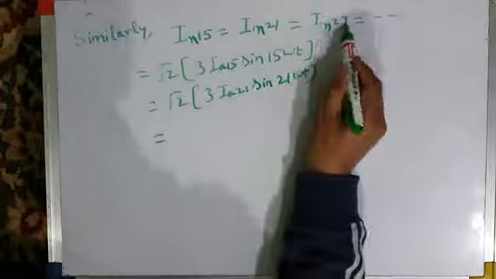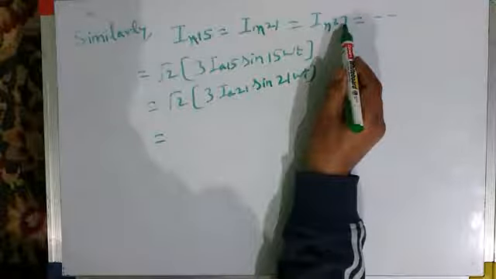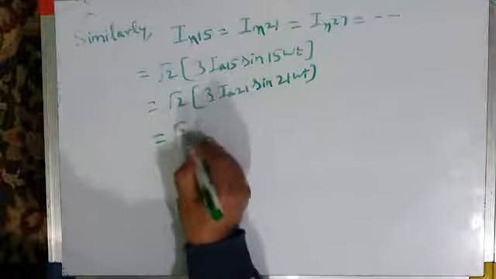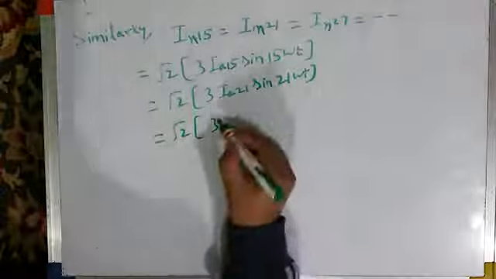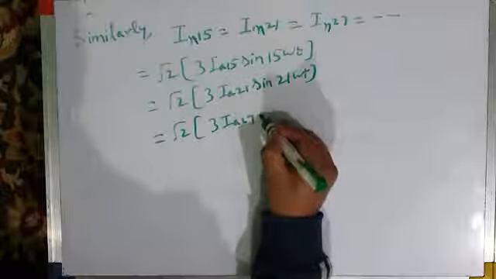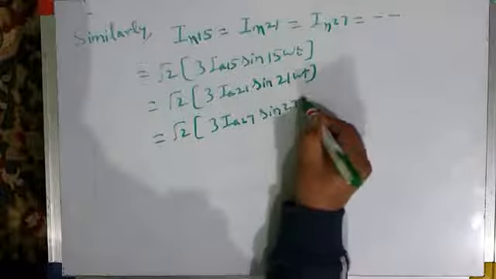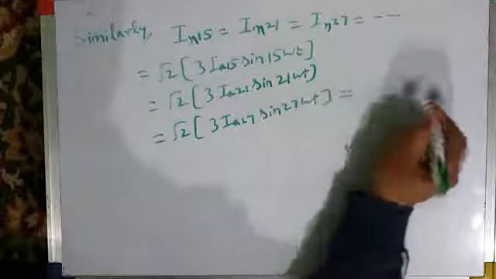And the neutral current due to the 27th harmonic, which is also a triplet harmonic, is root 2 times 3 IA27 sine 27 omega t, and so on.